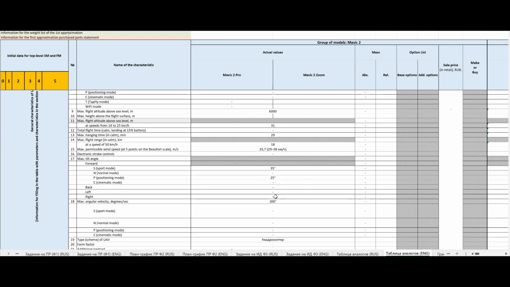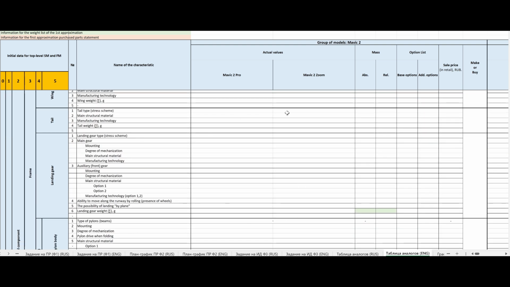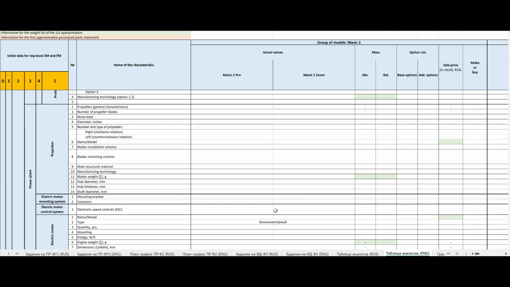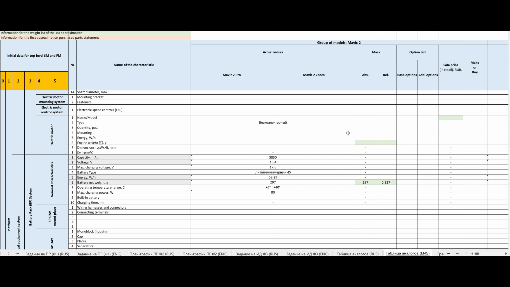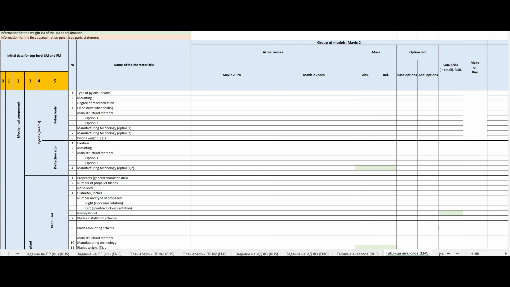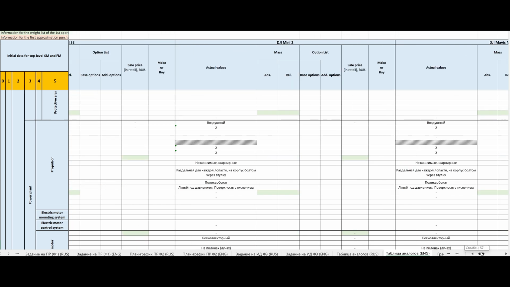As you can see, some of the indicators from a number of models are missing, but we will be able to fill in their technical requirements gaps for our newly designed product due to the availability of this information for other models. Accordingly, during the fill-in process, the table was supplemented with new lines as the degree of detail of the description of unmanned aircraft systems and units increased until it reached the current state.